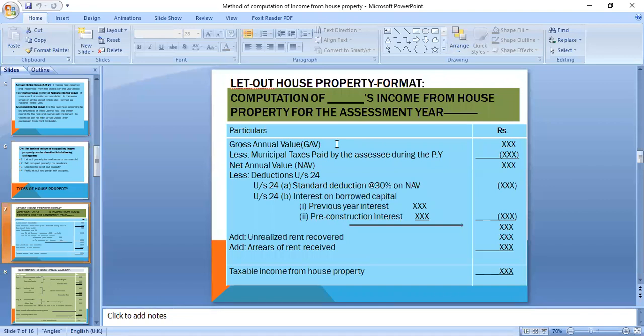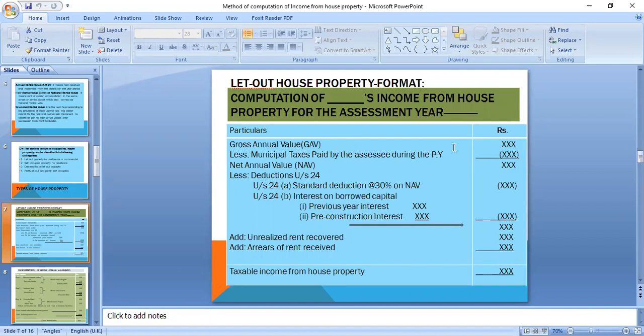When you are calculating this GAV, you have to consider four things: municipal rental value, fair rental value, actual rental value, and standard rental value. How to calculate the GAV, we'll discuss in the next step. But first, what you're going to take is GAV, that is nothing but gross annual value.